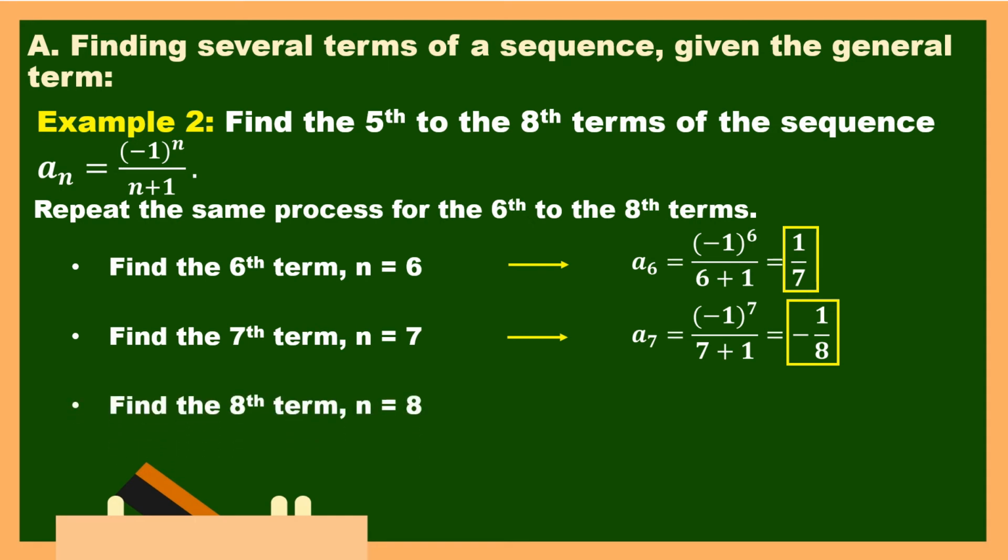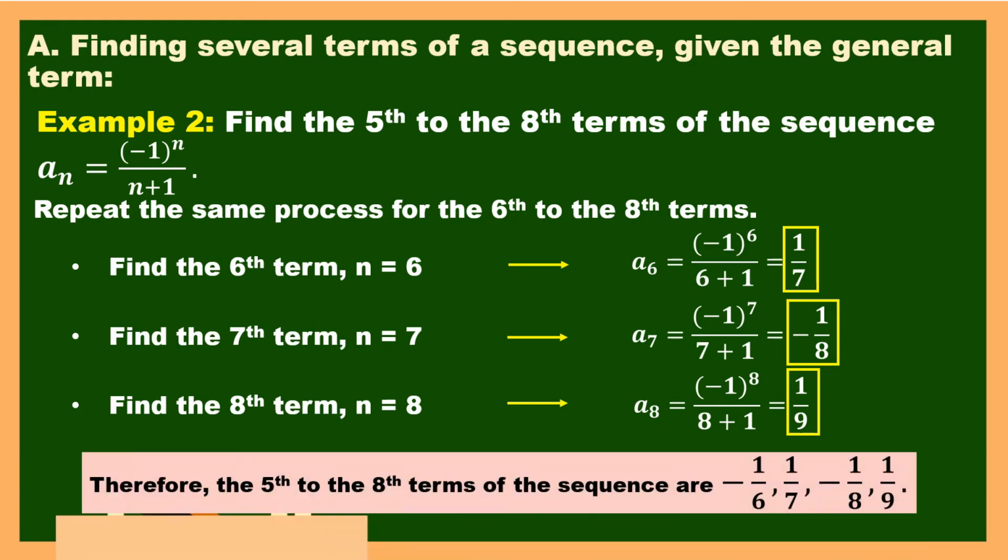At for the 8th term, we will just let n equals 8. So, a sub 8 equals the quantity of negative 1 raised to 8 all over 8 plus 1. And the result is 1 over 9. So, yan ang ating 8th term.